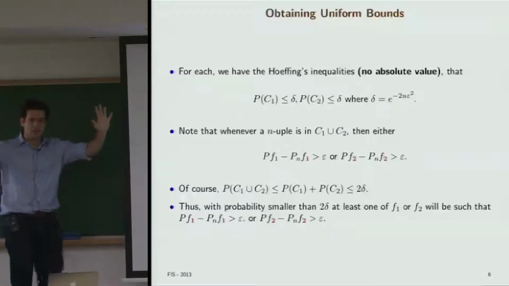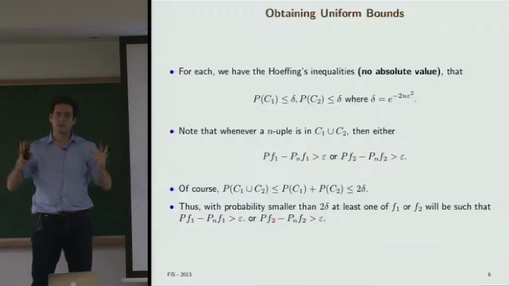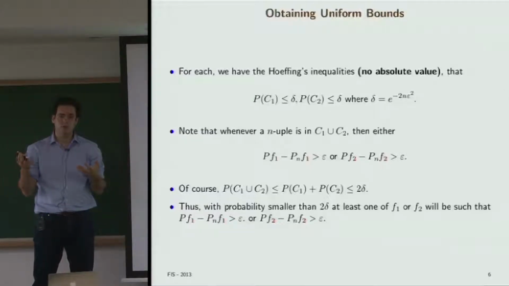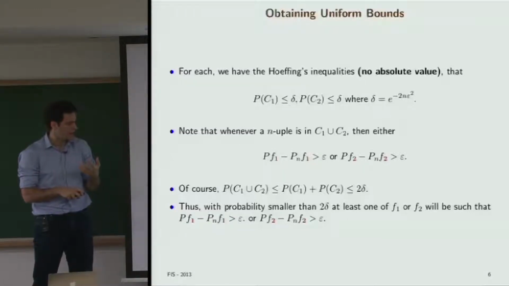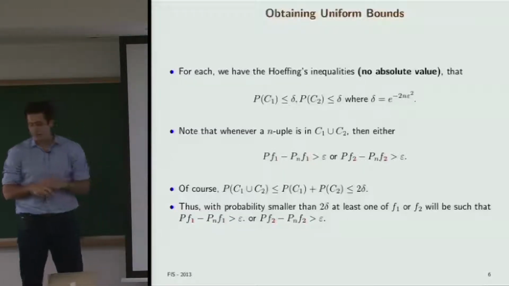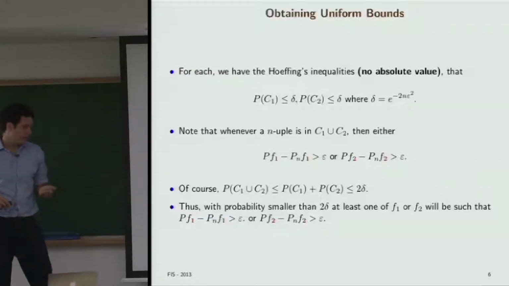So we have two sets of samples. Now, if I take one point in either, then it means that the supremum over F1, F2 is either bigger than epsilon for one or higher than epsilon for the other. And that's enough to say that the sup is bigger than epsilon.